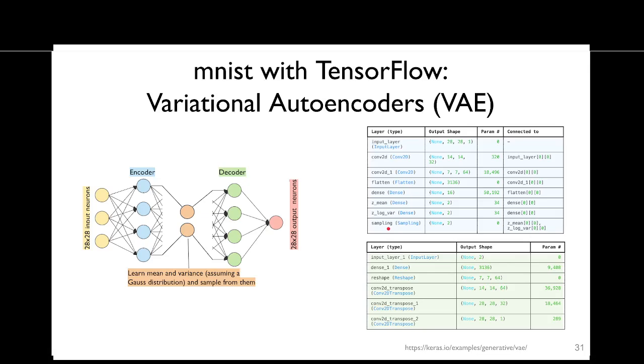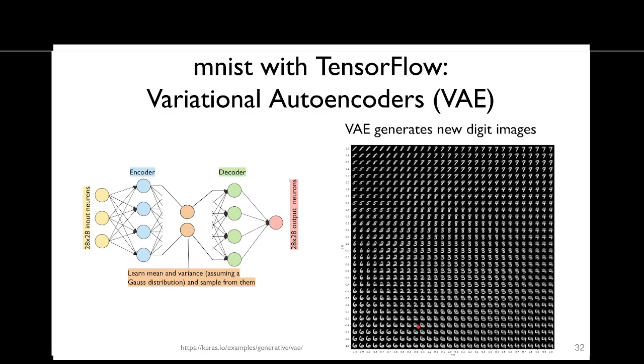And with the sampled latent representation, we then recreate and decode the image by essentially reversing the process, having a dense layer, reshaping it from a vector into a matrix, then applying the transpose convolution, another transpose convolution, and another transpose convolution.